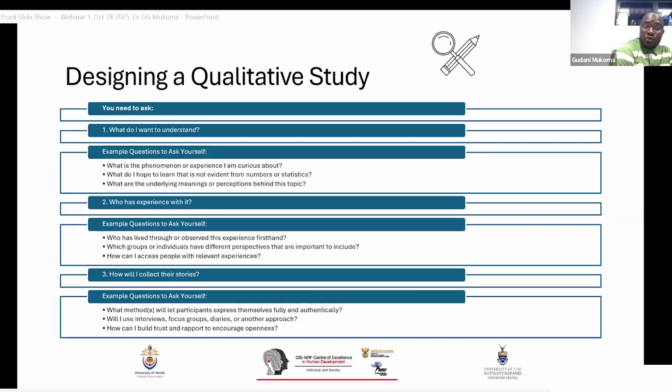You will now start looking at who has the experience with it. And some of the example questions that you could ask yourself would be, who has lived through or observed this experience firsthand? For example, if we were to talk about COVID-19, it will be bizarre for you to interview anyone who was born after the pandemic has subsided, and we have achieved what we call herd immunity, because they will not have the experience.